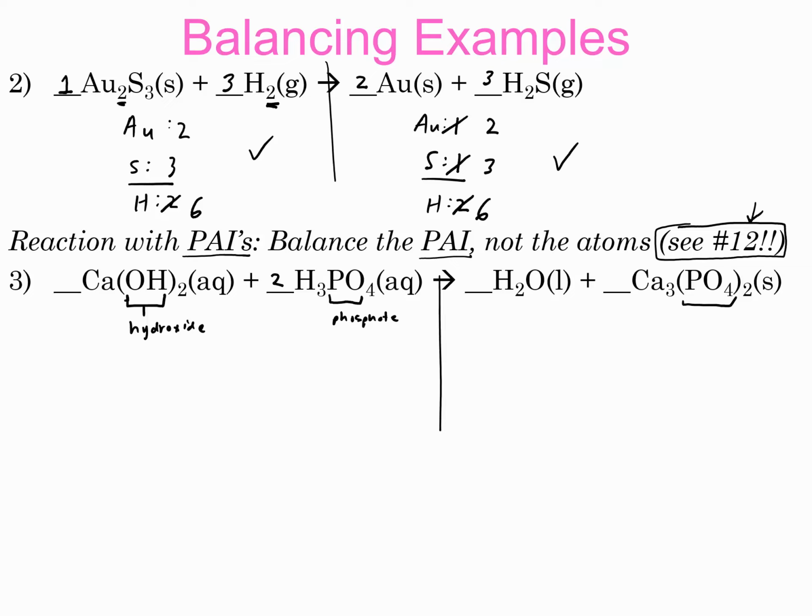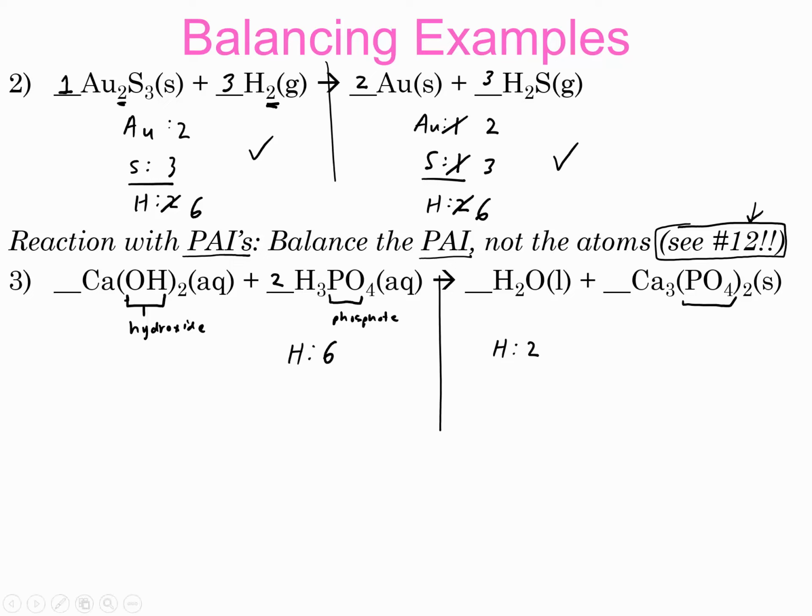Okay, so I'm going to make a line here. So my H's, now I have 6 H's, so 2 times 3 gives me 6. Over here I have 2. Actually, that wasn't all the H's. I didn't count these right here.